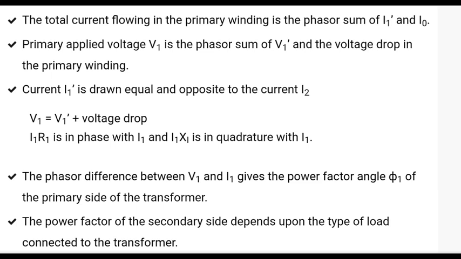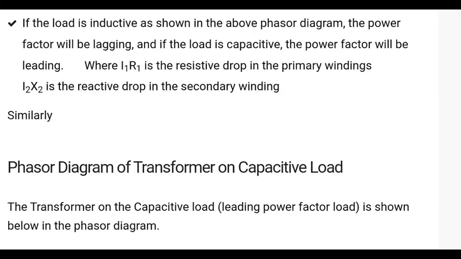The phasor difference between V1 and I1 gives the power factor angle Phi1 of the primary side of the transformer. The power factor of the secondary side depends upon the type of load connected to the transformer. If the load is inductive, as shown in the phasor diagram, the power factor will be lagging, and if the load is capacitive, the power factor will be leading, where I1R1 is the resistive drop in the primary side and I2X2 is the reactive drop in the secondary side.